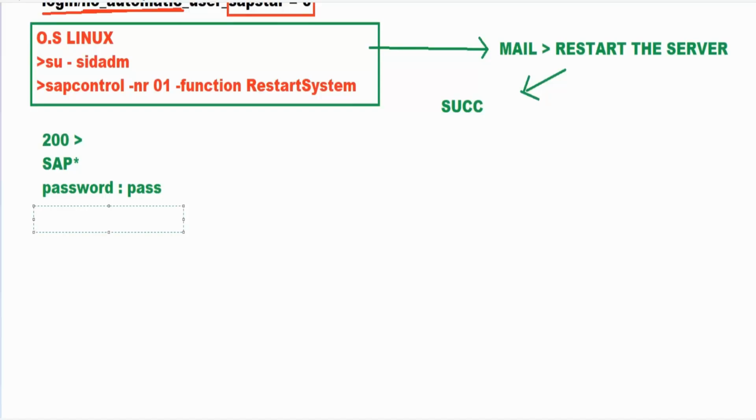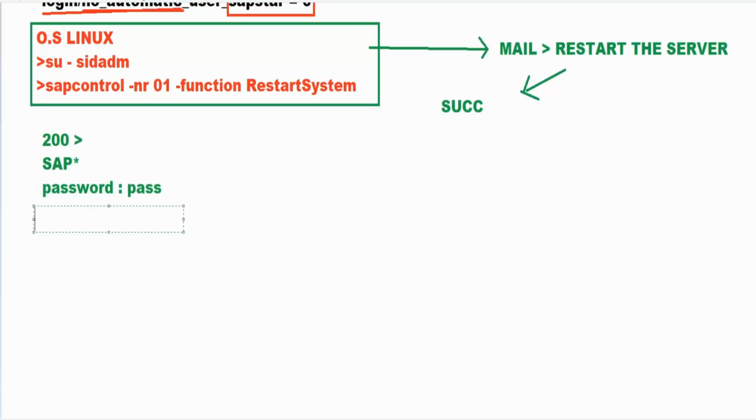After entering, you are able to log into the newly created client 200. This is, for example, the environment I'm taking. You may get a different client. You may get a new client like 200, 300, or whatever, 444, 333, something.